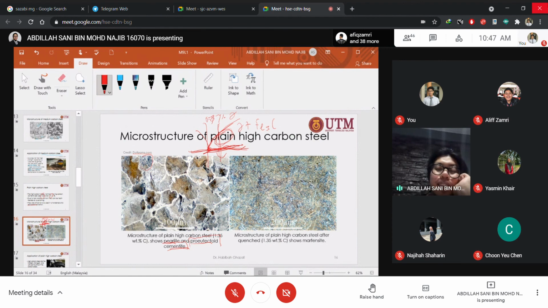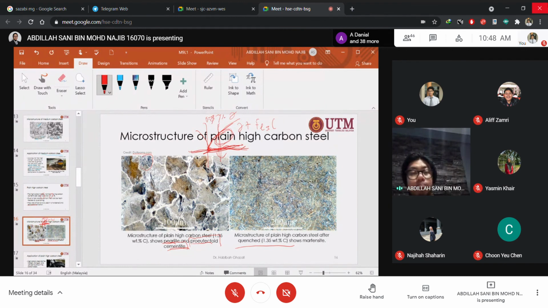And if we quench it, you will have this martensite of needle shape. I think this microstructure we tempered already, so you have less amount of the needle shape. If we zoom in, you can see.